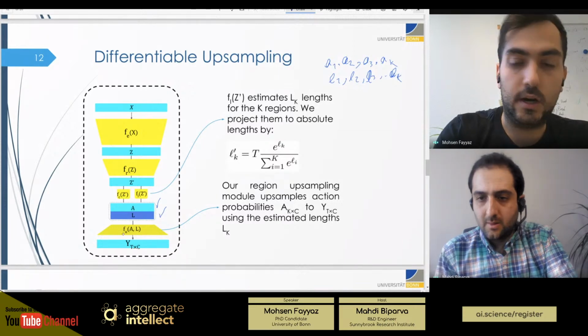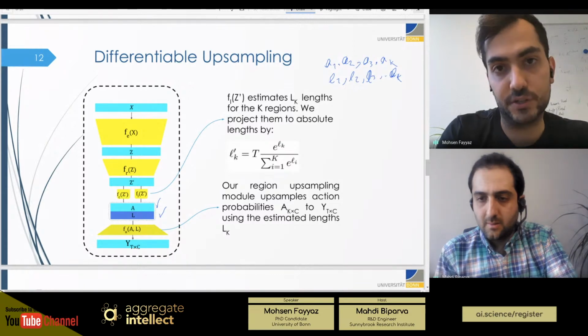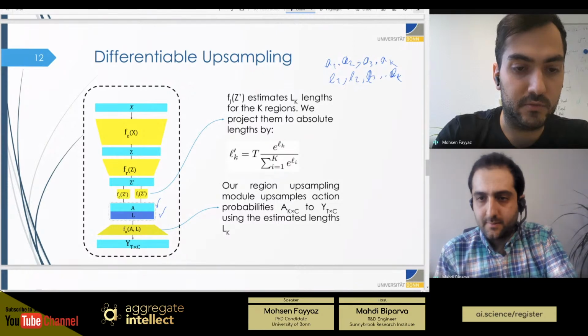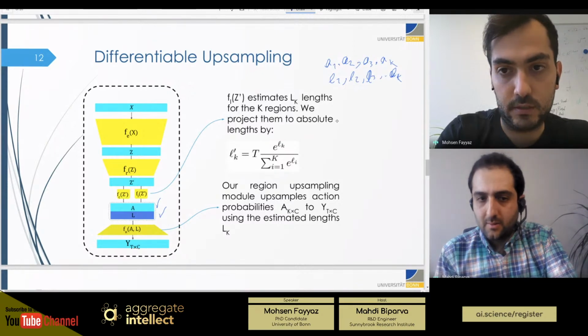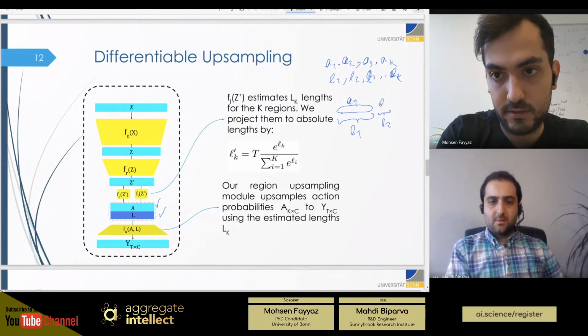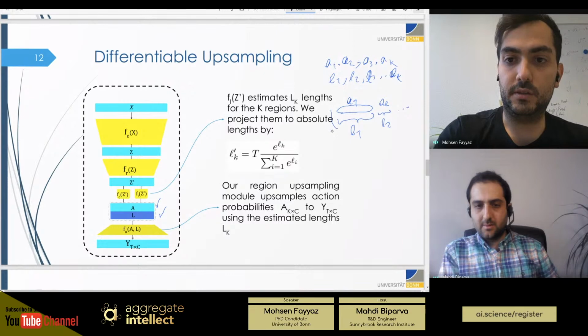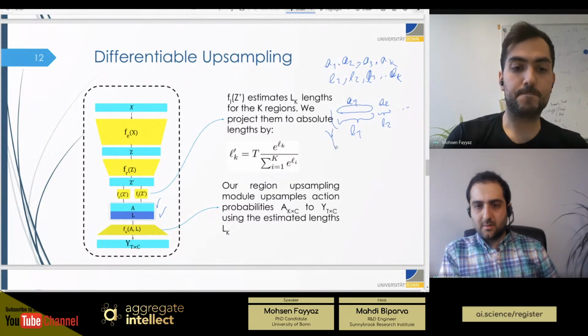But this upsampling is not a simple interpolation technique. It upsamples so that in Y, this size is L1, and all of this region is A1, and this is A2, and so on. So this would be the Y for us.